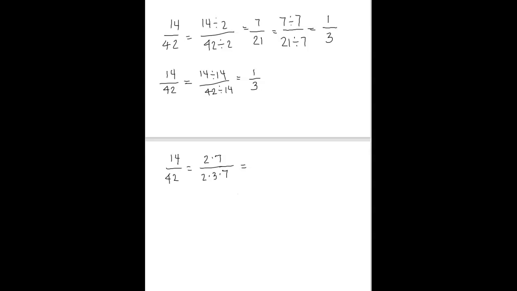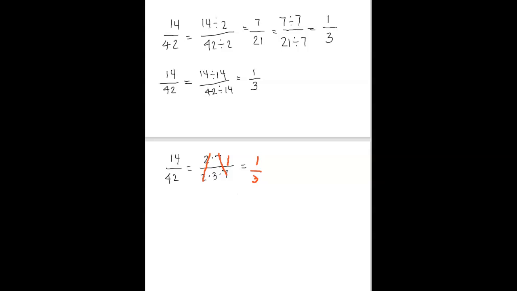So I can go in and cancel that and that, which leaves me a 1 over 3. That will go ahead and give us our solution as well.